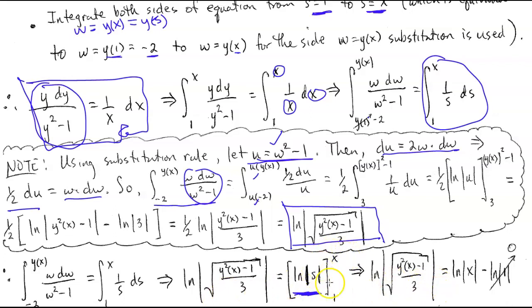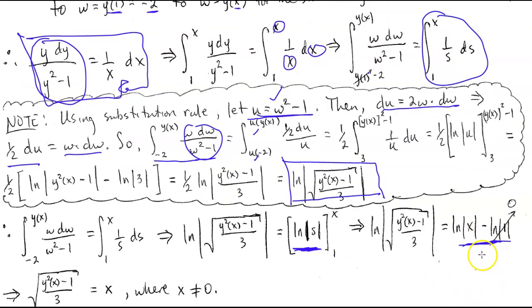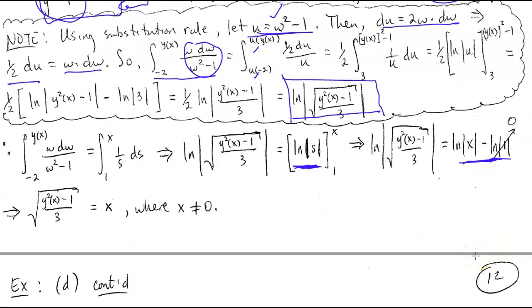And we go ahead and use the net change theorem from Cal A. We know natural log of 1 is 0, and so that lets us know here that if we're just looking at what's left here, notice that we have natural log of something equals natural log of something else.